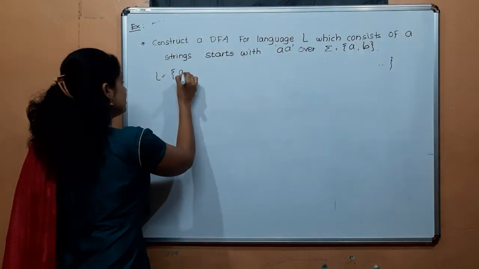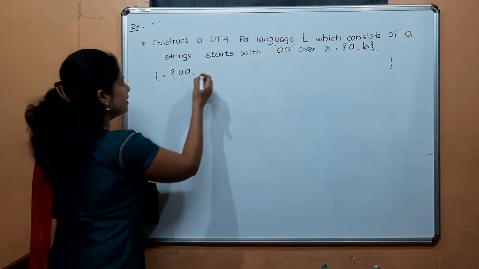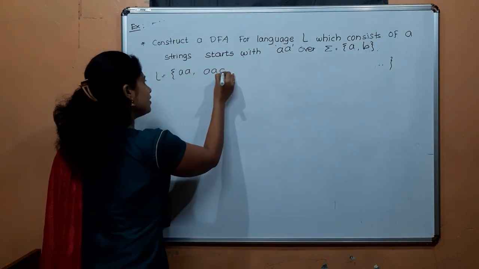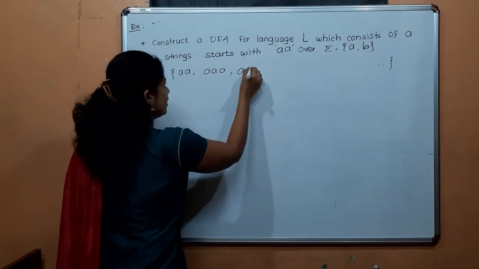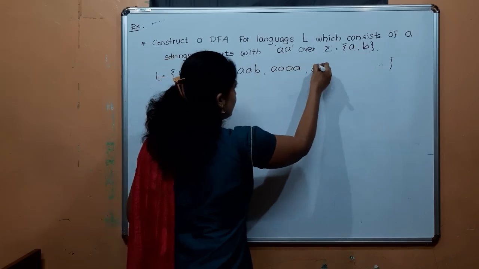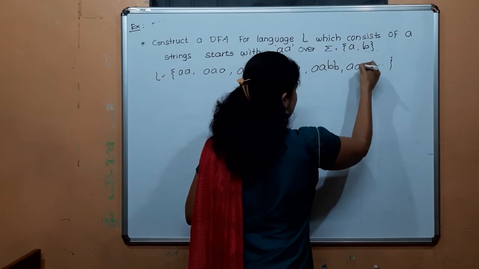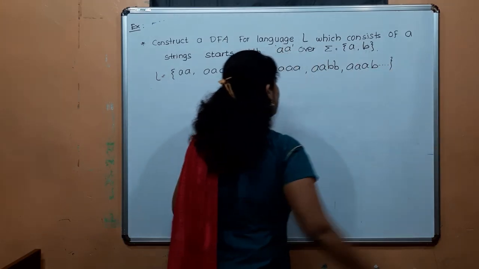See here, the string starts with AA, that is AA will be the minimum string. Then starts with AA, it will end with either A or B. Okay. Then we can write the combinations of A or B and so on.